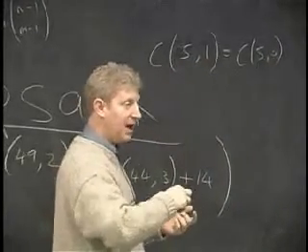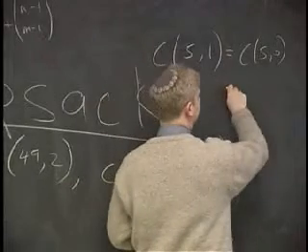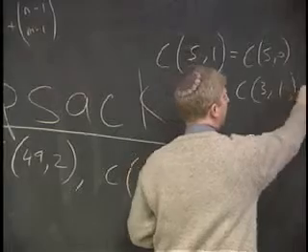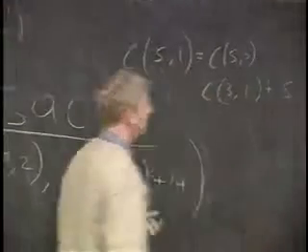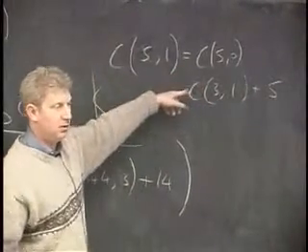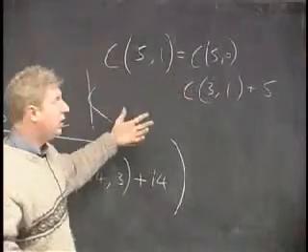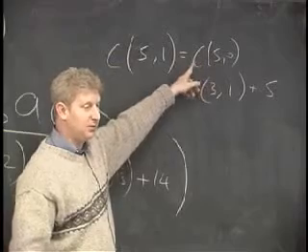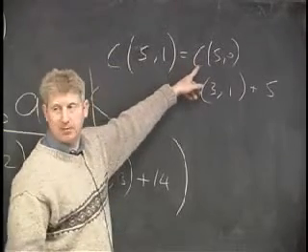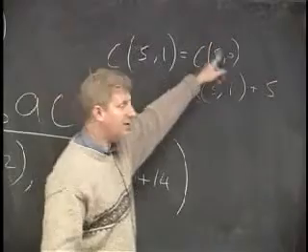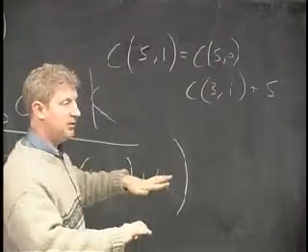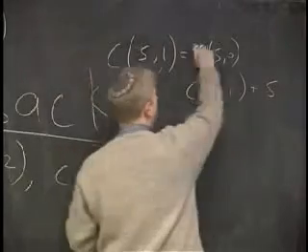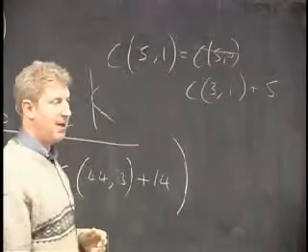And if I do use the box, I get C of 3, 1 plus 5. I've got to take the bigger of these two. Now I have to know that this one is worth nothing: if I'm not going to use the box at all, I get 0. So this one will never be chosen as the maximum. So C of 5, 0 should be a base case, and it stops me. So C of 5, 1 turns into C of 3, 1 plus 5. That won't ever be the max.